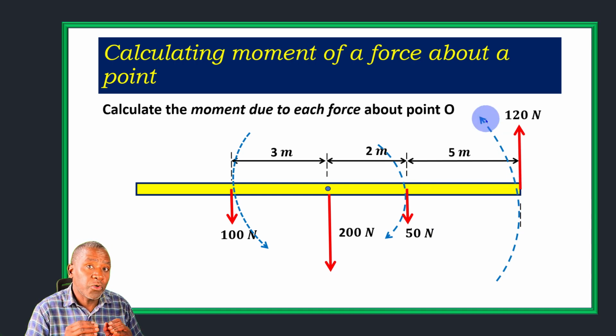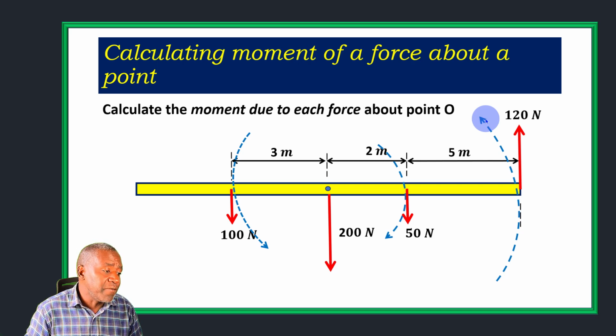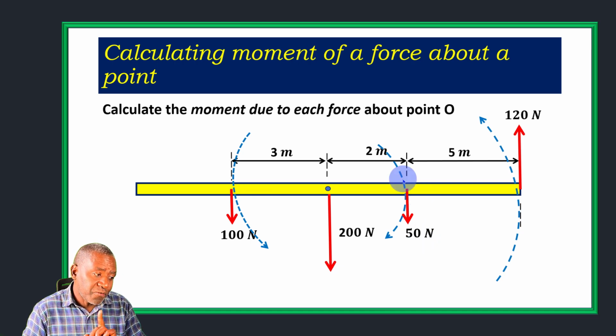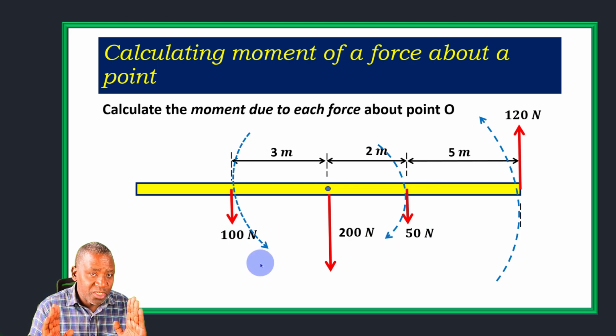So it does not follow that if forces are on the same side that they turn the system in the same direction. Not necessarily. Similarly, it does not follow that if forces are on opposite sides of the turning point that they are going to turn the system in different directions. For example, the 50 Newton force turns it clockwise, while the 100 Newton force turns it anti-clockwise, and they are on opposite sides of the turning point.